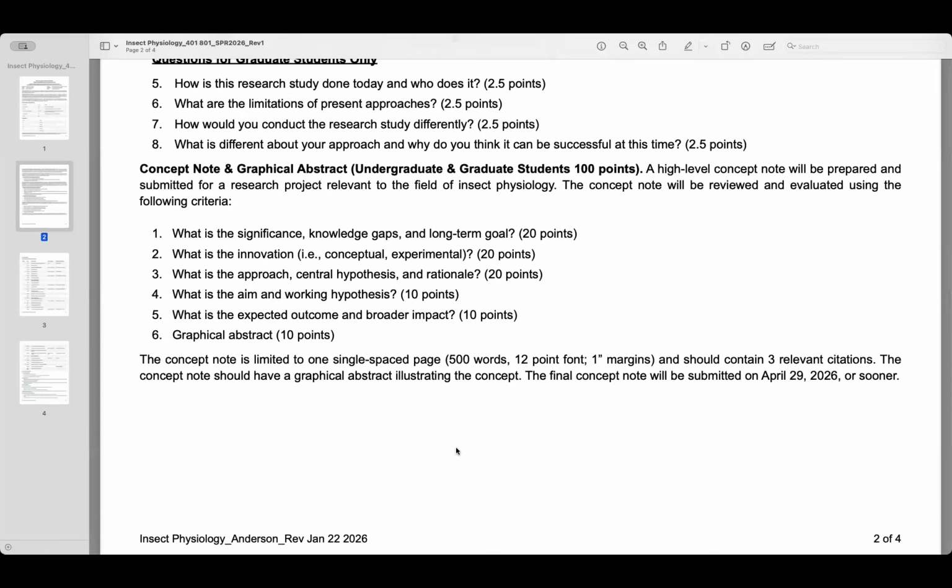We don't have to get in the weeds with it. It has to be related to insect physiology. I'd like to have it roughly 1 page, which is about 500 words, with relevant citations. I like to limit it to 1 page because I will get a book from someone and I don't want that. I'm only going to read 1 page.